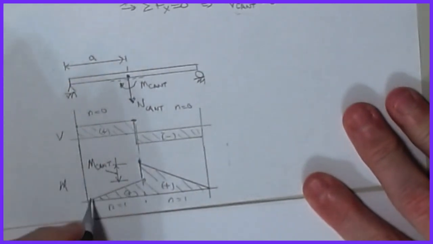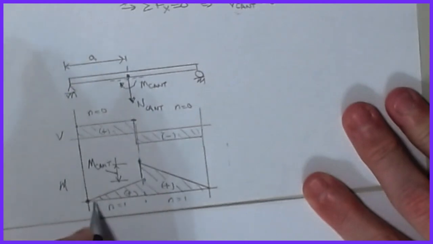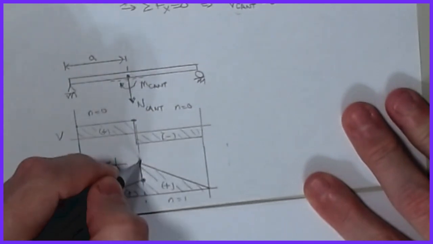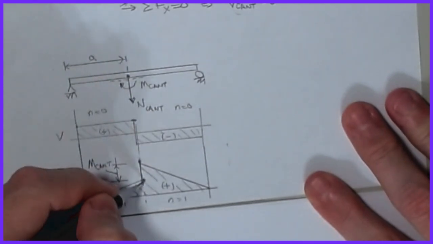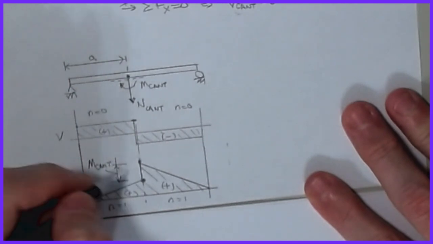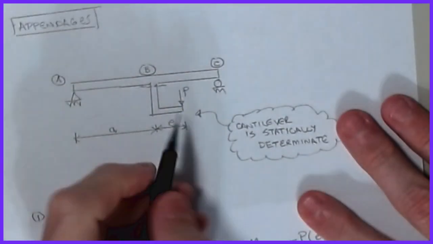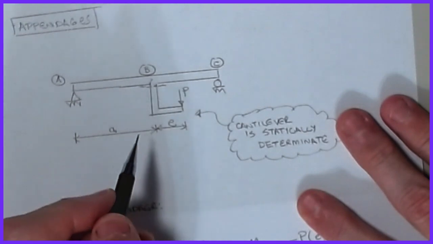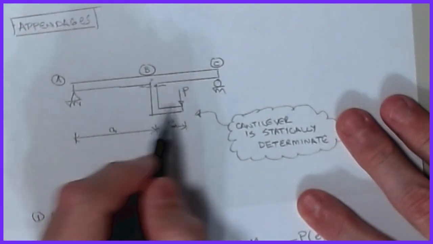So this diagram will start at 0 and increase linearly to some value, and then because of the presence of that cantilever moment, it jumps. You get an instant jump from these appendages because of the way that I cut those off. So even though we didn't have a moment up here on the beam directly, it does apply a moment here because of the way it behaves when I cut this thing off.